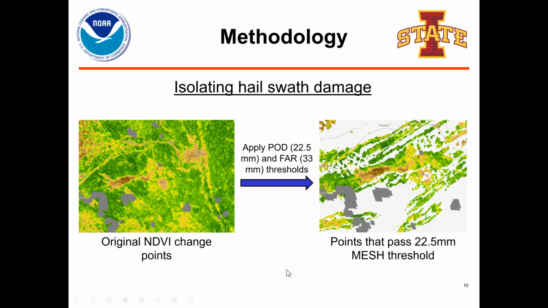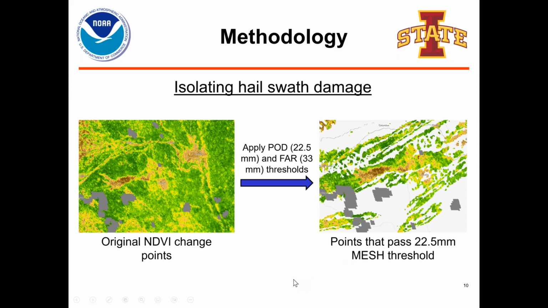When we apply a threshold, in this case the POD threshold, that's going to be 22.5 millimeters, anywhere where MESH was estimated to be above 22.5 millimeters is going to be kept and passes this threshold. When you do that, you end up with a map that looks something like this.